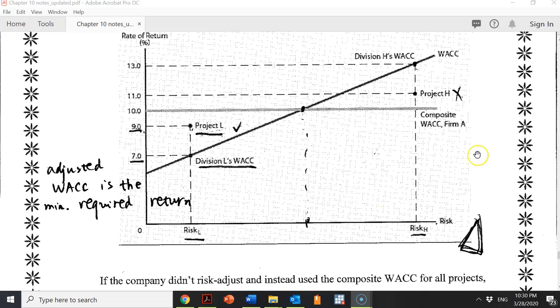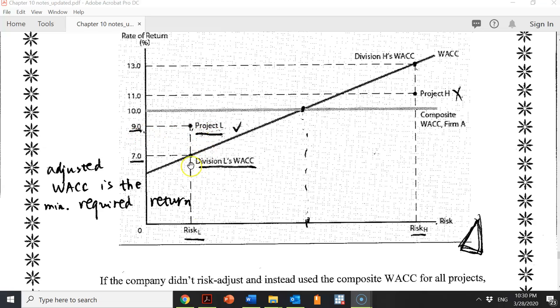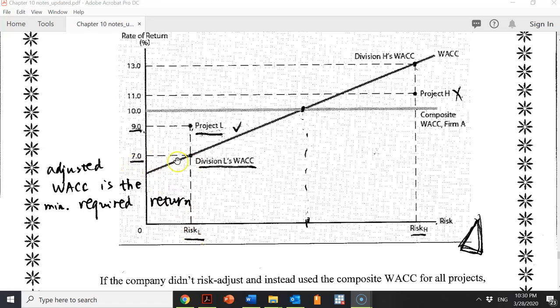Any project below the line tells us its rate of return is below the cost for the risk at that risk level. For example, at risk level L, a low risk level, if we have a project L with a return of 9%, and for this risk level the cost of raising capital is 7%, because the risk is low, so the cost is low, 7%.